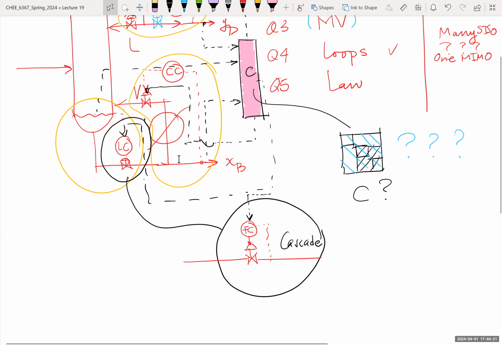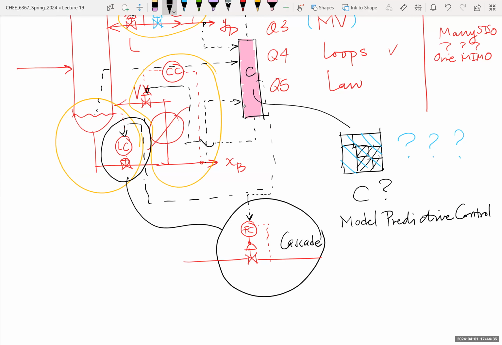So all of these flow control loops are cascaded to this system, for which typically there is the name model predictive control, or MPC, which is now the de facto standard of advanced control in practically every industry.